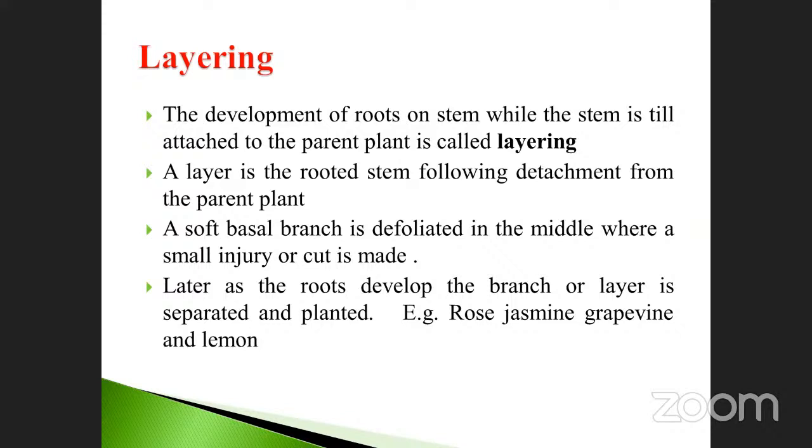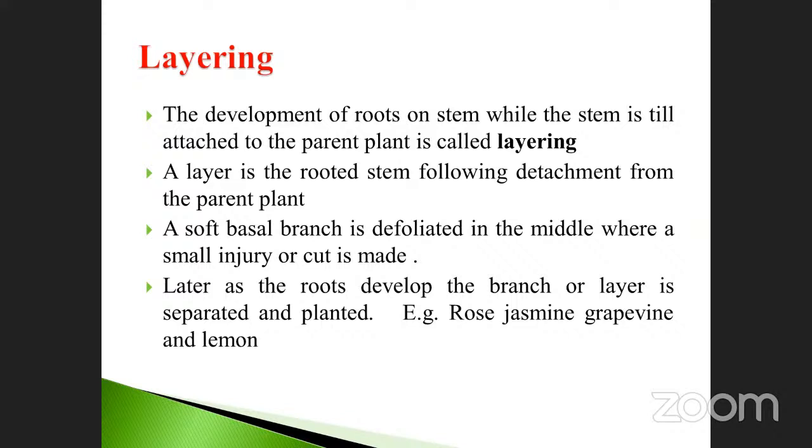Then remove the bark and add some amount of soil, cover it with polythene paper, tie it properly and put 2 or 3 holes in it. After a few weeks, what will happen? You will see the roots originate from the area where the bark was removed. So the stem is present as it is. What does that mean? The parent is also present.